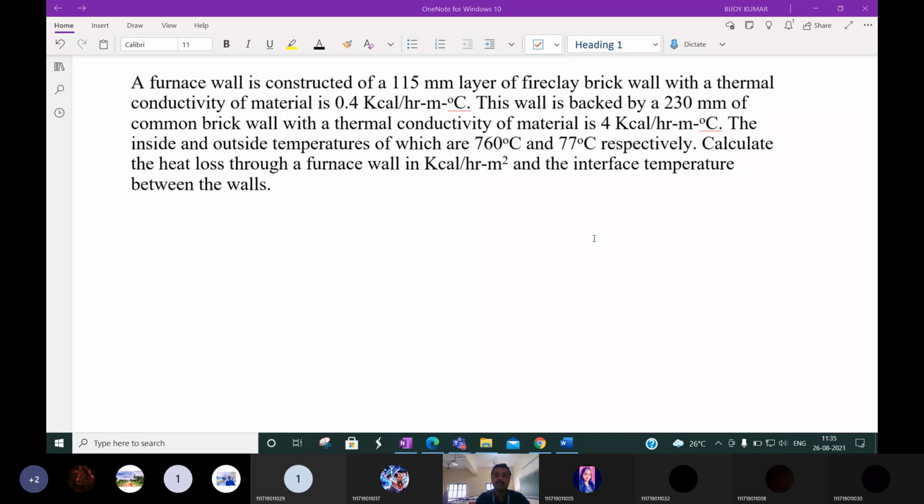This wall is backed by 230 mm of common brick wall with a thermal conductivity of 4 kilocalorie per hour meter degree Celsius. The inside and outside temperatures are 760 degrees and 77 degrees centigrade respectively.